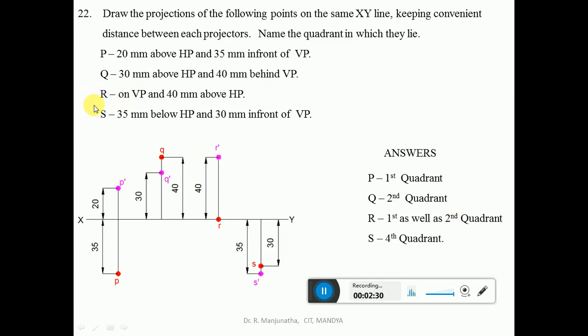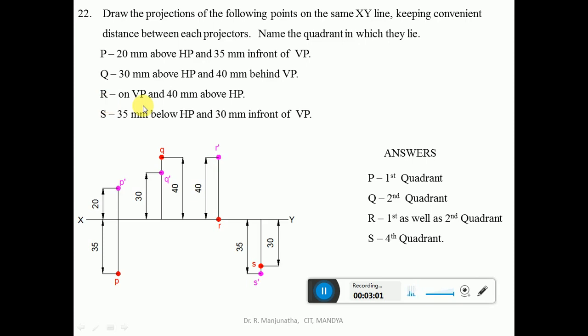Now we are going to consider capital R, which is on VP and 40 mm above HP. Since it is above HP, the condition holds in the first as well as the second quadrant. Since the point R is on VP, it will be on the xy line in the top view. So at any distance from the projector of Q, draw a vertical projector.